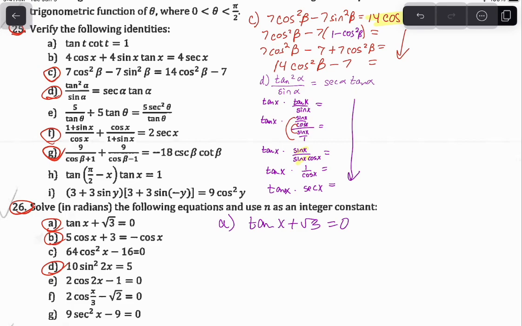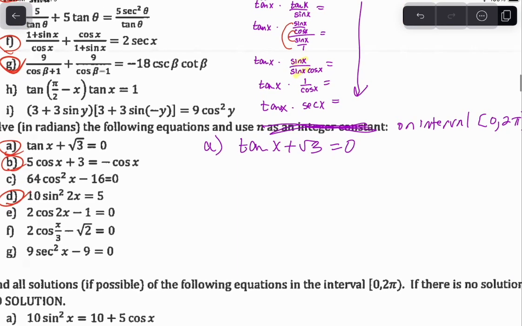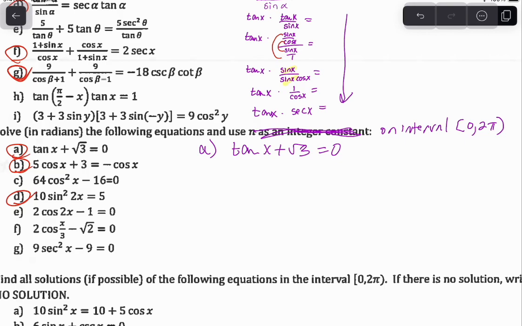See where it says to solve in radians the following equation using n as an integer constant. We're not doing that part. We're just going to do on the interval from 0 to 2 pi. Just add that. I think I only did between 0 and 2 pi.